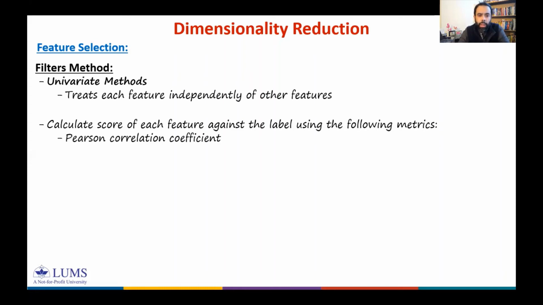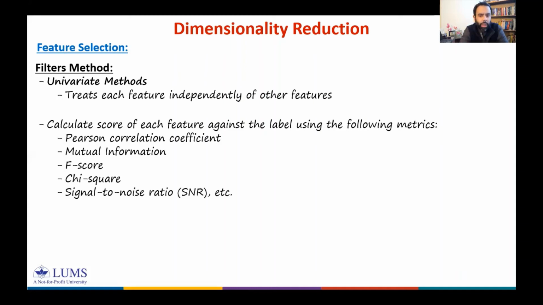We can use the Pearson correlation coefficient, which measures the correlation between the output label and the selected input feature. Or we can use mutual information: one input feature and the output, how much information do they have in common, or what is the mutual information between these two. We can use F-score. These are very standard methods in statistics. Chi-square method, or we can use signal to noise ratio.